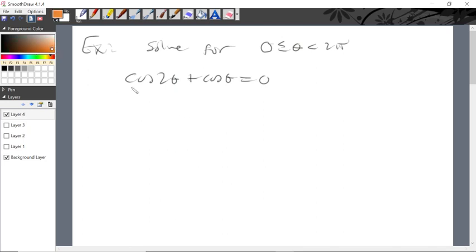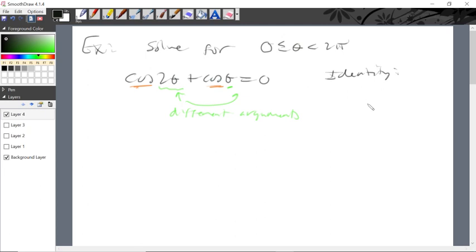The trig functions we have are both cosine, those are the same. But the arguments, we have 2 theta and theta, so we have different arguments here. We want them to be the same arguments as each other, and we want the same trig functions if possible. We're going to use an identity in order to do that.